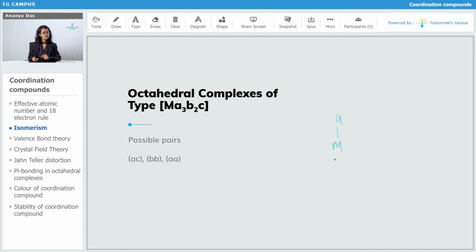In this, A is trans to C, B is trans to B, A is trans to A. In this case, A is trans to A as well as B is trans to B. So this is also optically inactive. So till now we had 2 geometrical isomers and both of them were optically inactive.